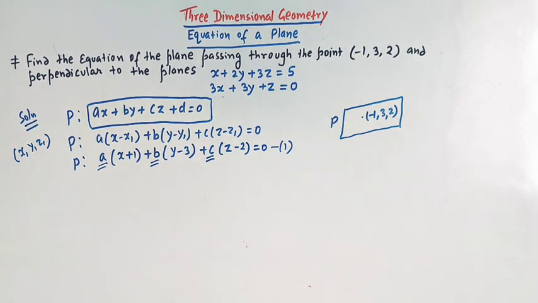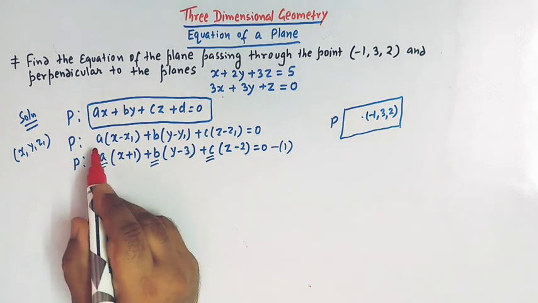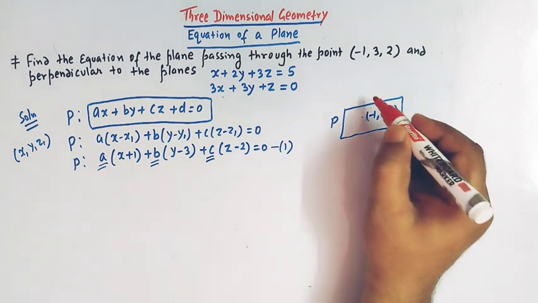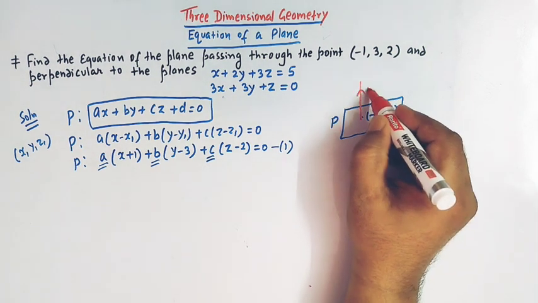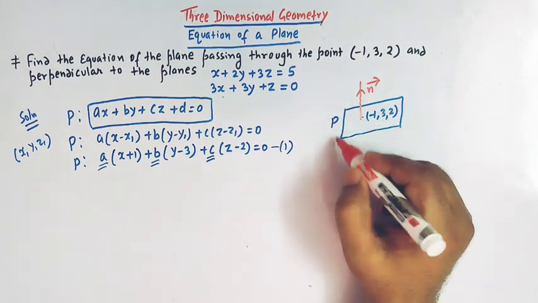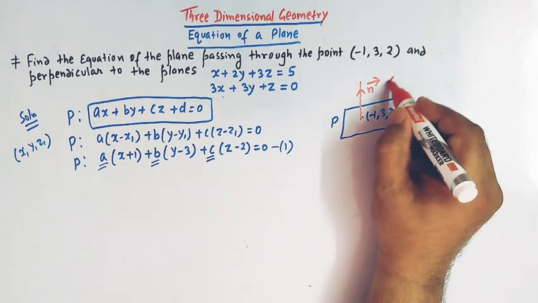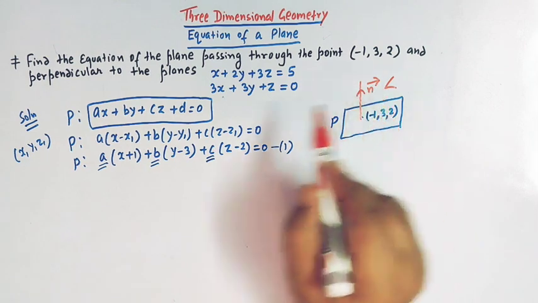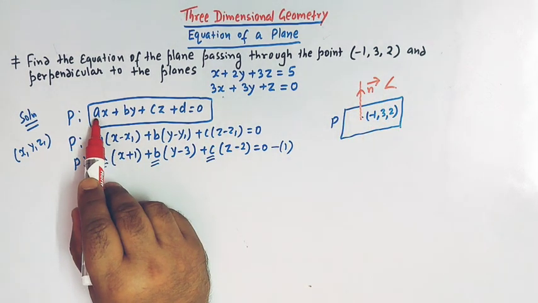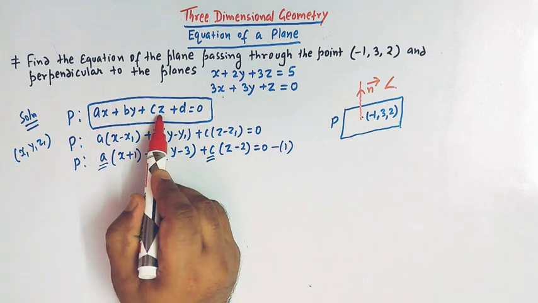And we know that these numbers a, b, c are the direction ratios of the normal to this plane, right? Suppose this is the normal vector to this plane P, right? So the direction ratios of this normal vector are given by the coefficients of x, y and z, right?